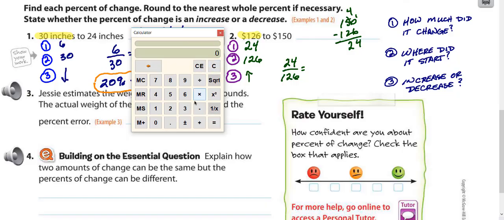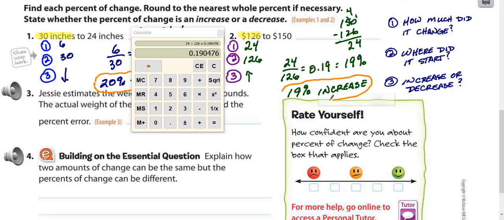So I'm going to start again. 24, there's the right number, divided by 126. You always want to make sure if it doesn't look right in the calculator, you go back and check it. Oh, that looks much better. 0.19. That is 0.19 is 19%. So this was a 19% increase. Since it went from 126 up to 150, this was an increase of 19%.